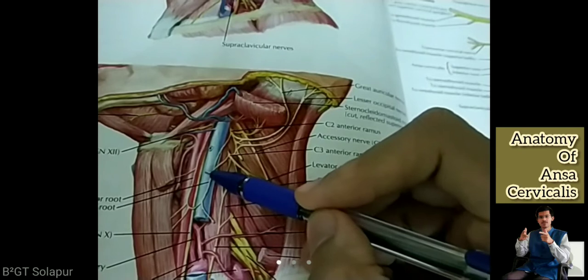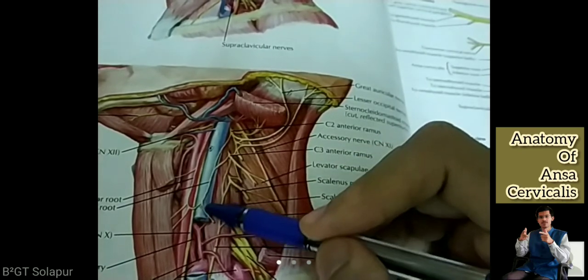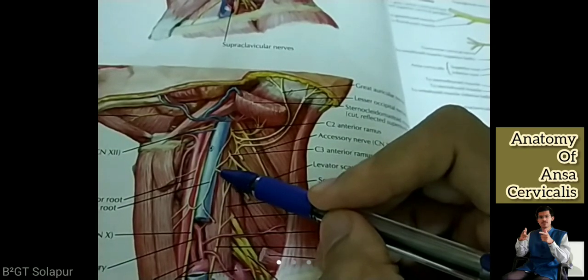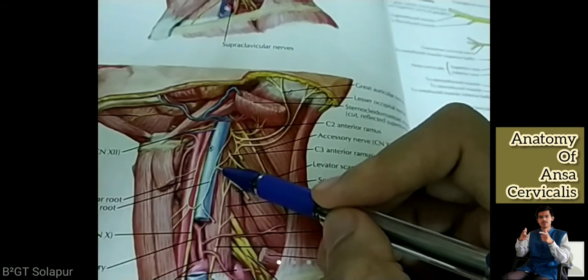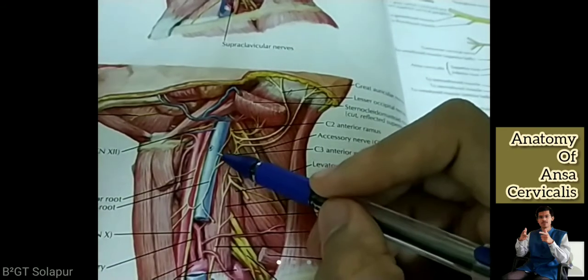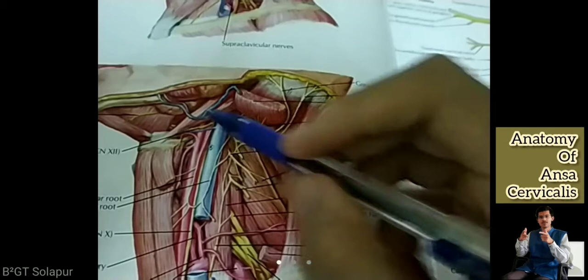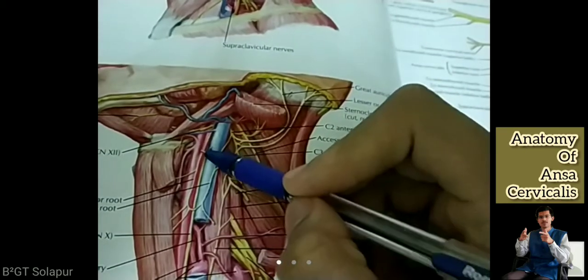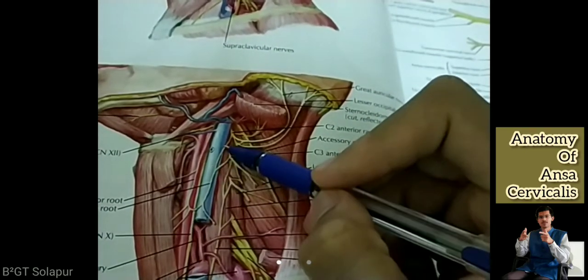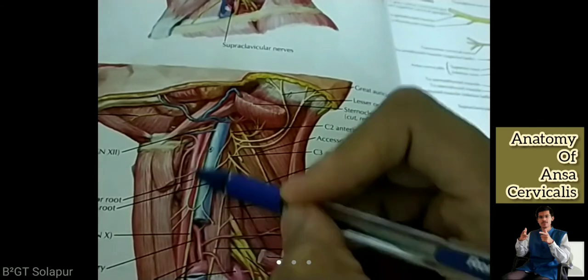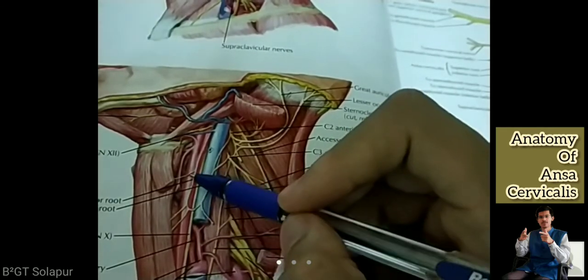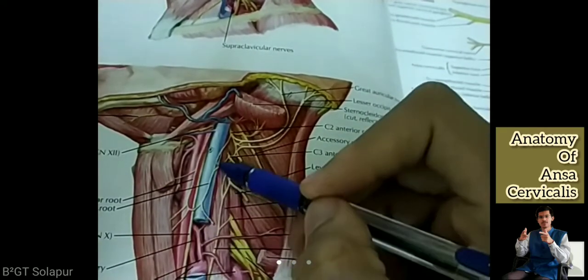See, this is the internal jugular vein. And then it moves towards the common carotid. When you describe it from this side, you say it is going over the internal jugular. When you are describing this way, you say it is going over the common carotid. Okay, so this goes like this and winds behind.